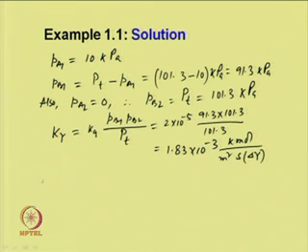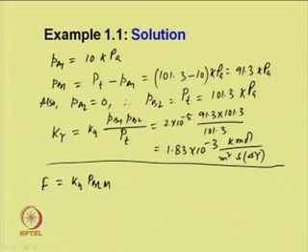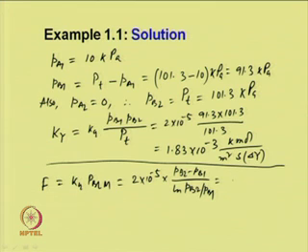And we know the relation between F and Kg PB1 (log mean). So we can calculate F, which is equal to 2 into 10 to the power minus 5 into (PB2 minus PB1) by ln (PB2 by PB1), which is equal to 2 into 10 to the power minus 5 into (101.3 minus 91.3) by ln (101.3 by 91.3).